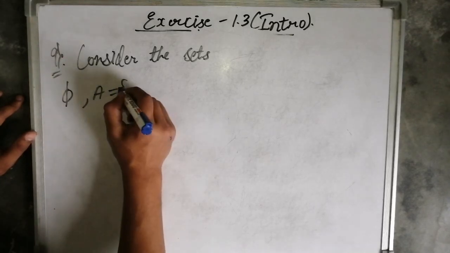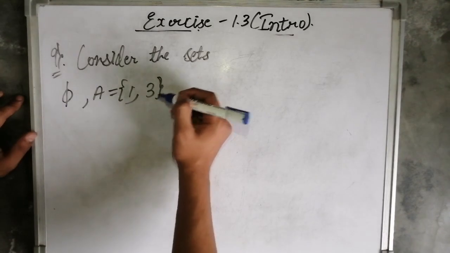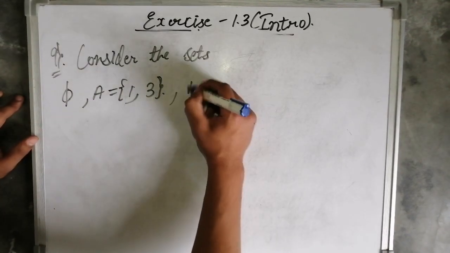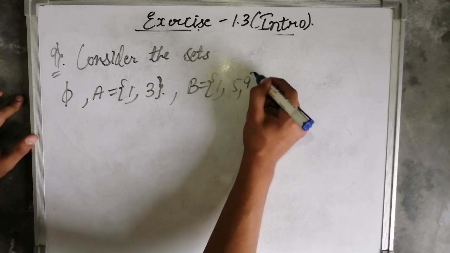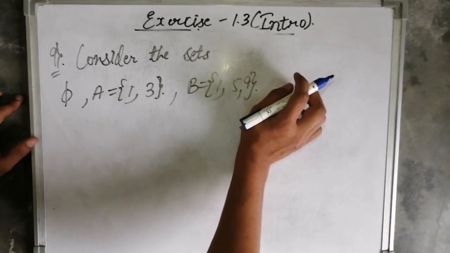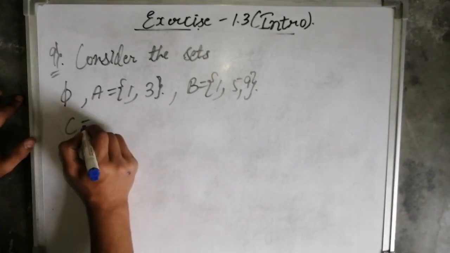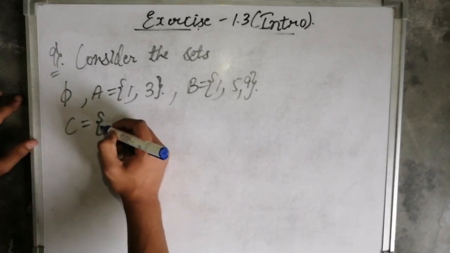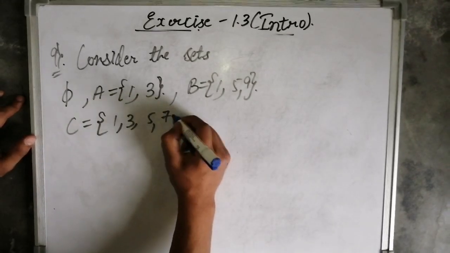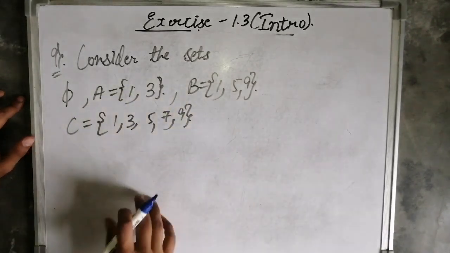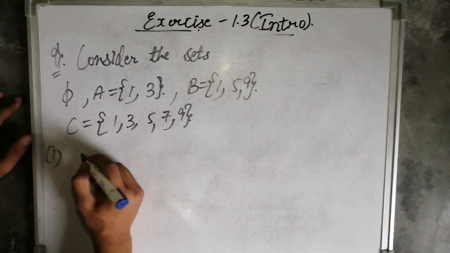A is equal to {1, 3}, B is equal to {1, 5, 9}, and C is equal to {1, 3, 5, 7, 9}. Now the first part is, does the empty set belong to B?